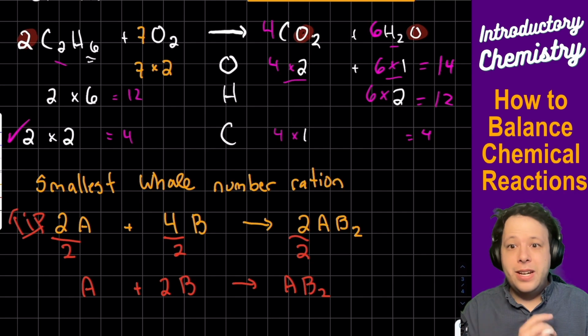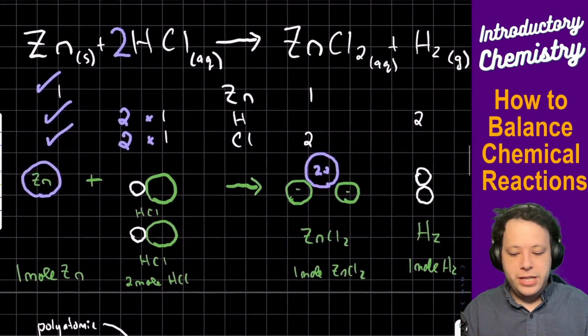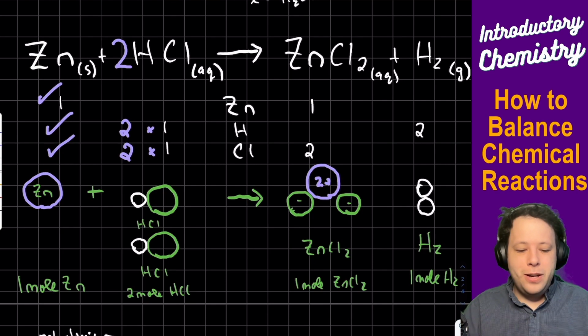Now the other big tip is you're just writing coefficients. It's the same idea as how I was drawing these earlier, as individual molecules. We're not actually carrying out math on these things. What I mean by that is, let's say I take the 2HCl that I had here earlier.